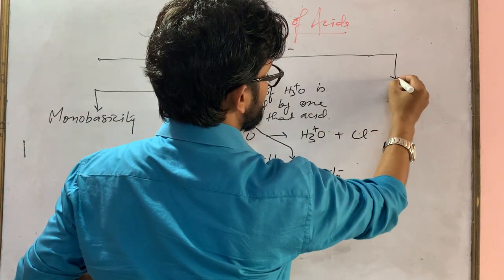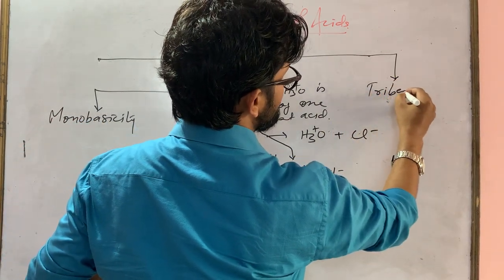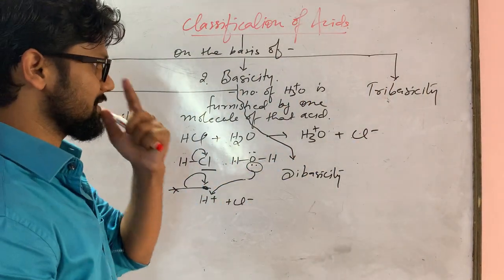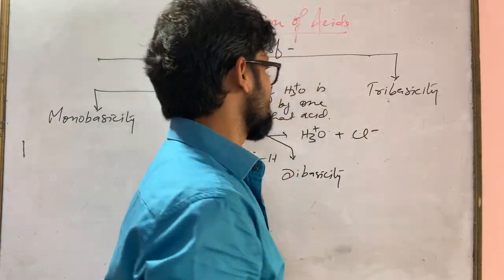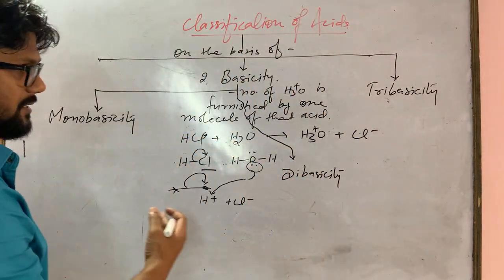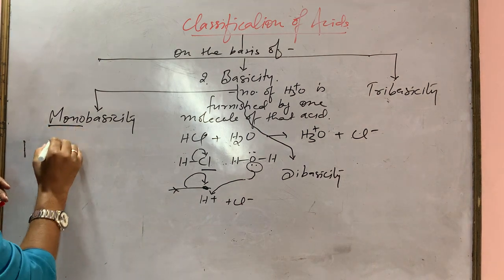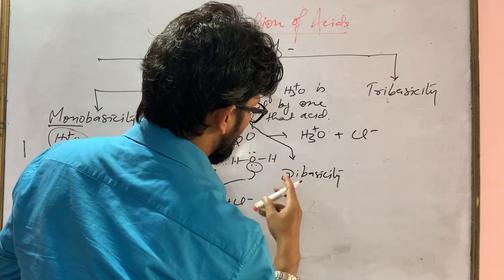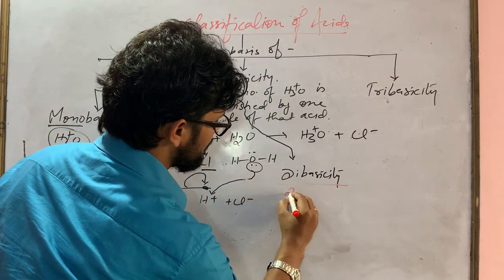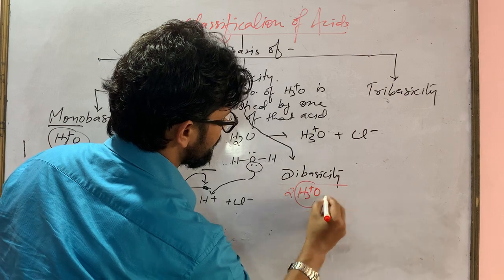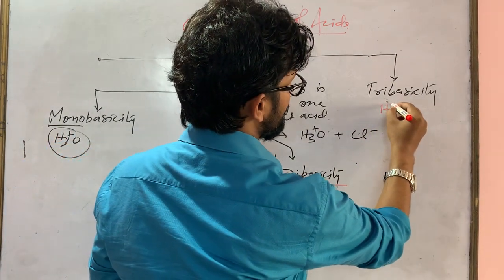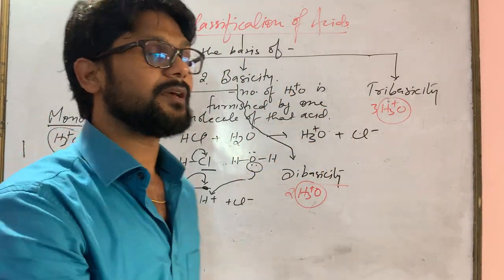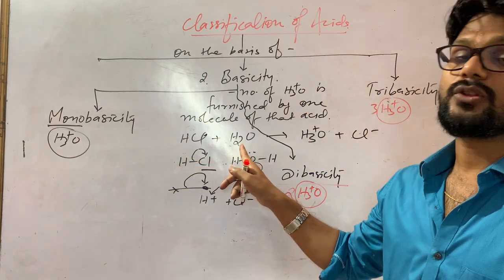And third, I am writing here, that is tribasicity or tribasic acid. Now mono means how many hydronium ions will it give? It will give one hydronium ion. In dibasic, it will give two hydronium ions. In tribasic, it will give three hydronium ions when that acid reacts with water.